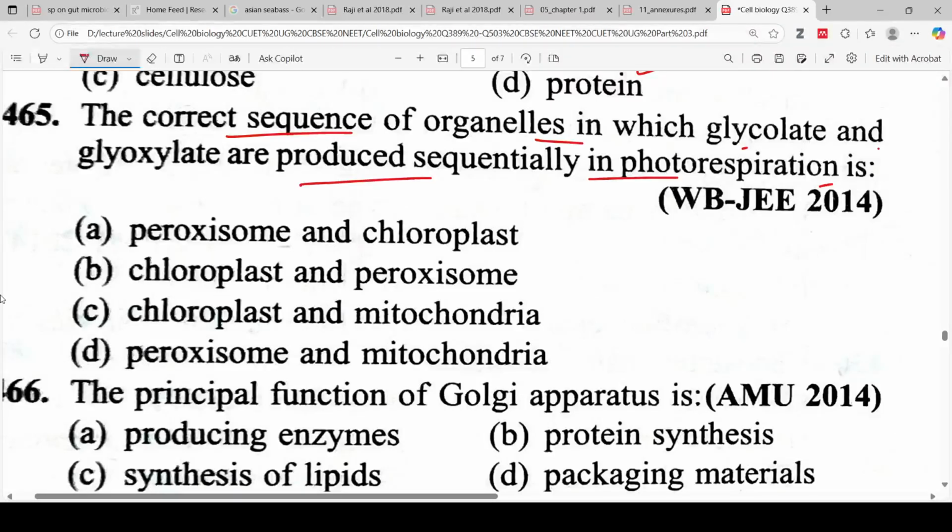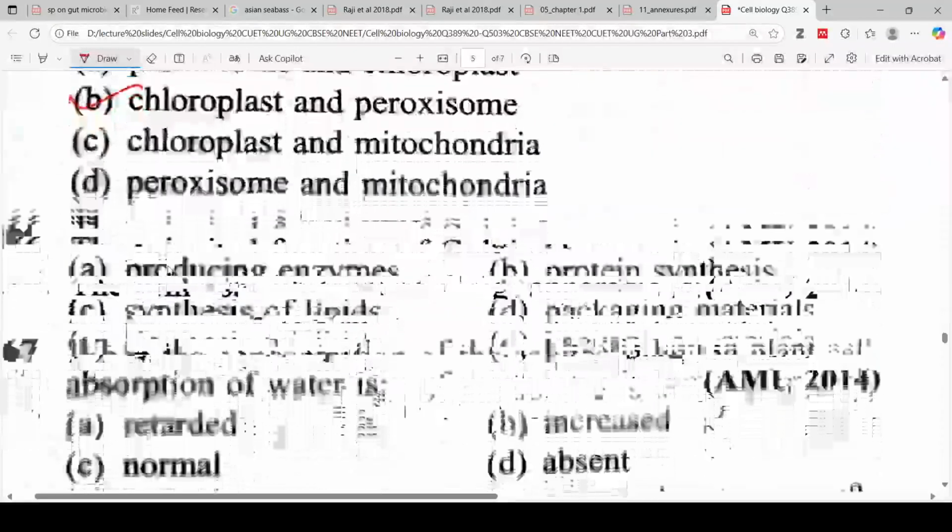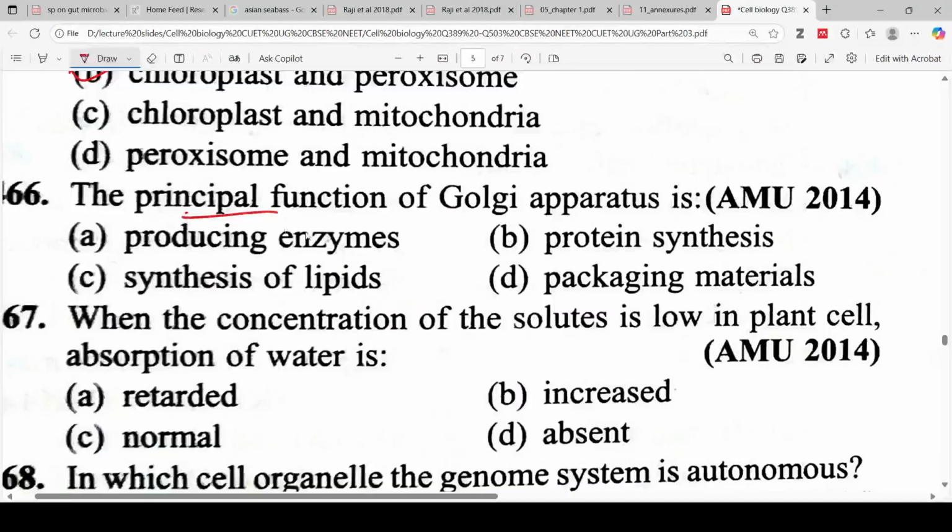So the correct answer will be option B. Next question: the principal function of Golgi apparatus is packaging of materials, option D will be the correct answer.